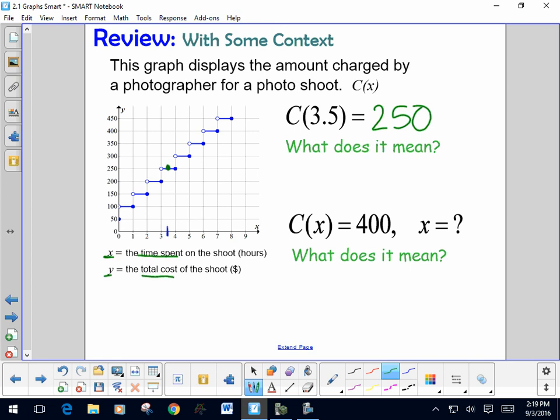So in this context with this photographer, c of 3.5 equals 250 means that if a photo shoot is 3.5 hours, its cost would be $250.